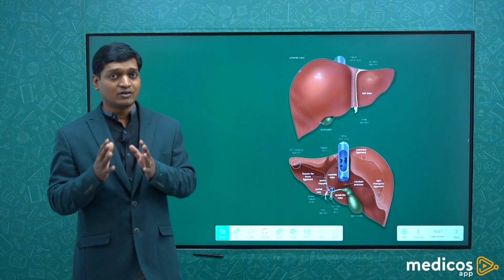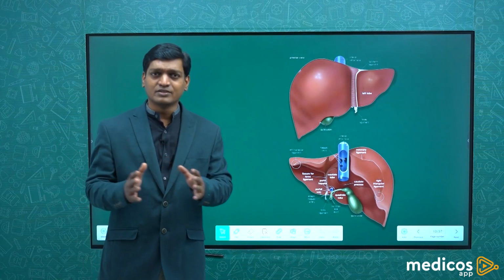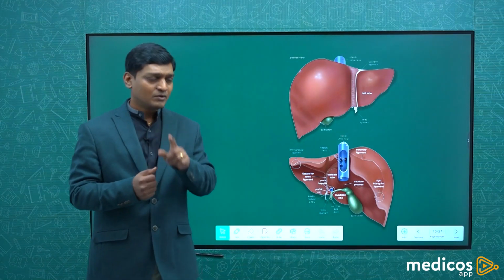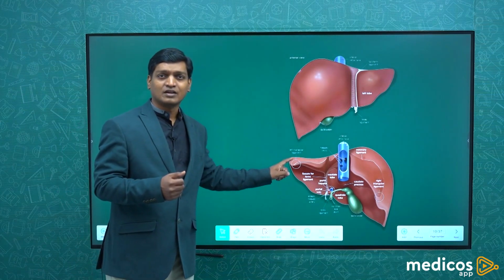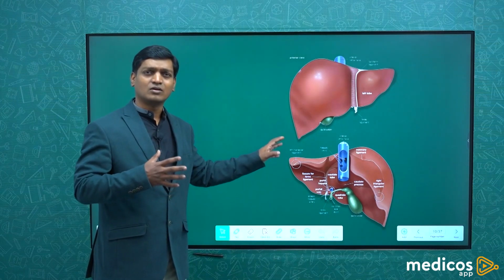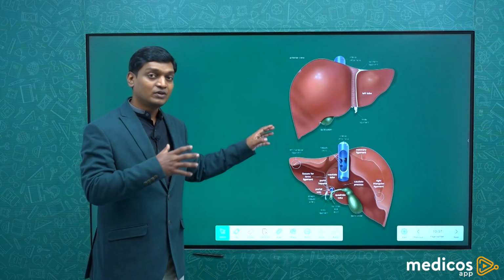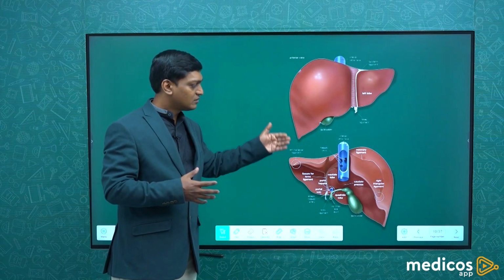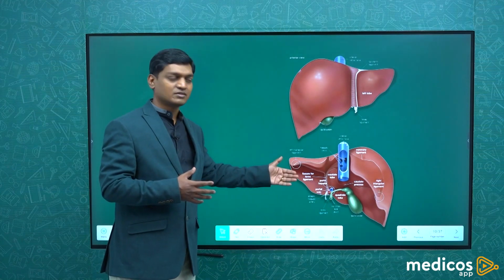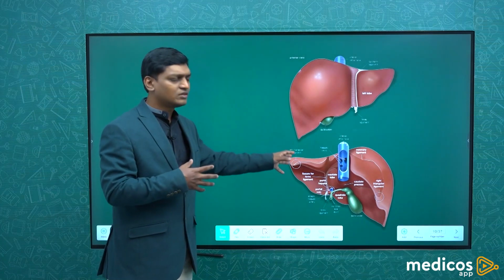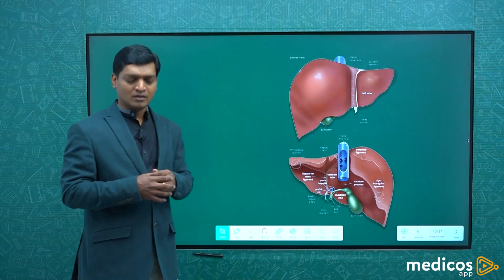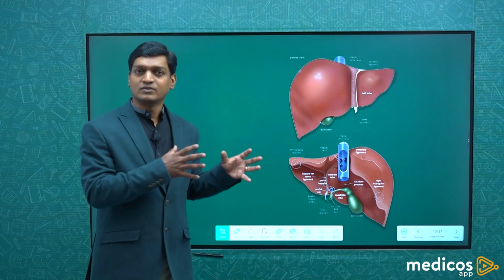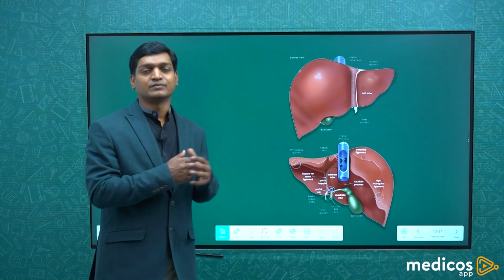Next, another organ. The same headings apply: where the location is, what the morphological features are. But when you consider the liver, it's the largest solid organ. You need to know the surfaces and borders, and among the surfaces, especially concentrate on the visceral surface, because in a diagram question they would ask about the visceral surface area of the liver.